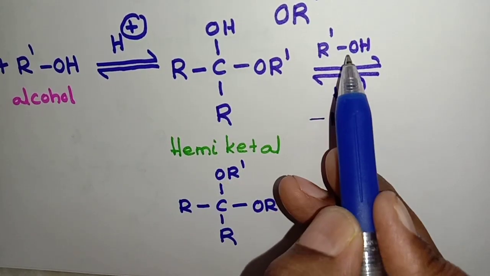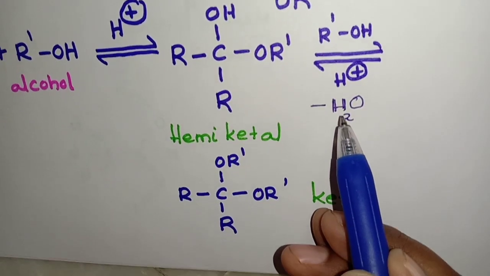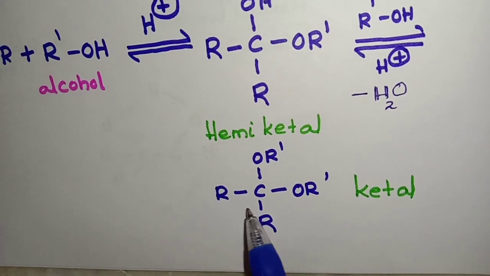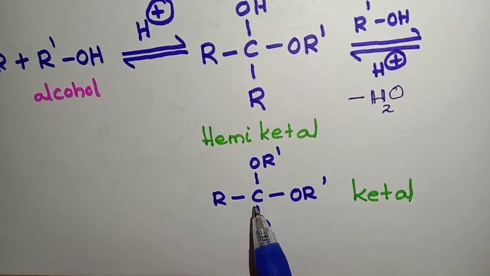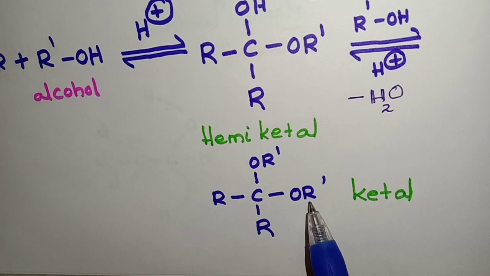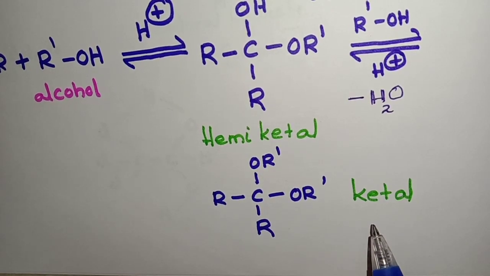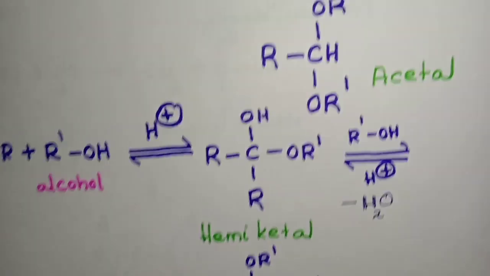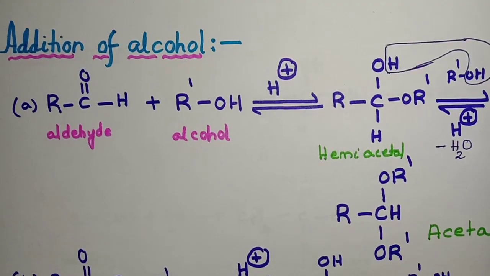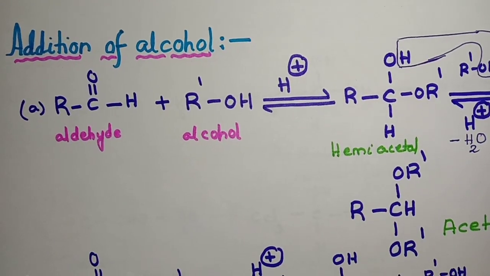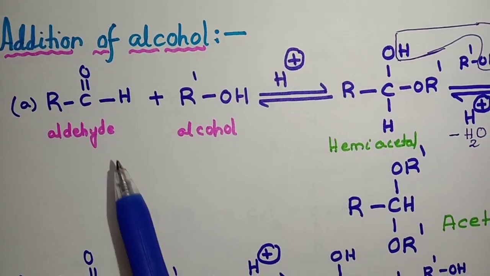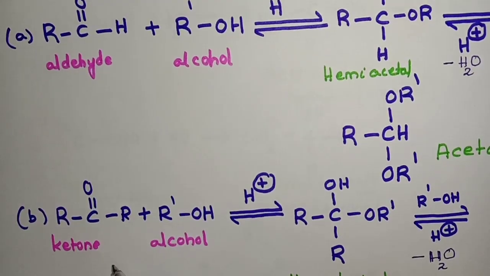Same HOH comes out as minus H2O and results in the formation of ketal, that is RCOR dash OR dash R. This is called as ketal. So this you are supposed to write under addition of alcohol. So I have shown you both the reactions, with aldehyde and also with the ketone.